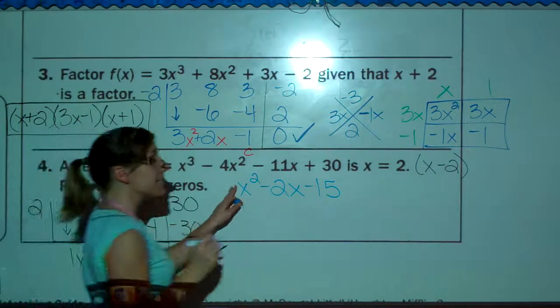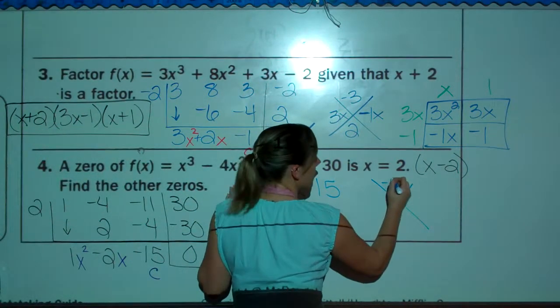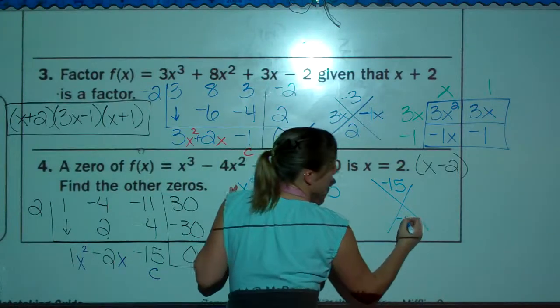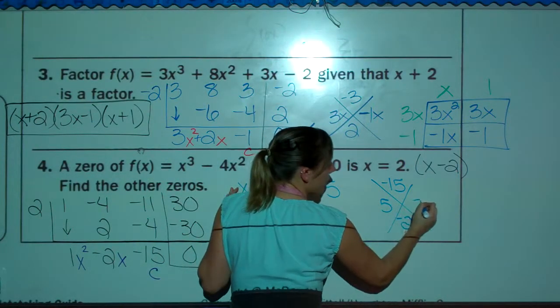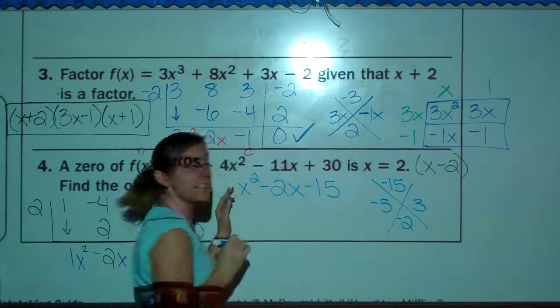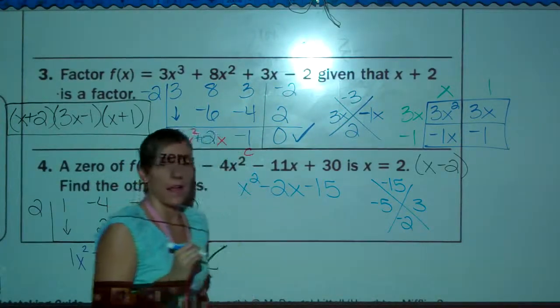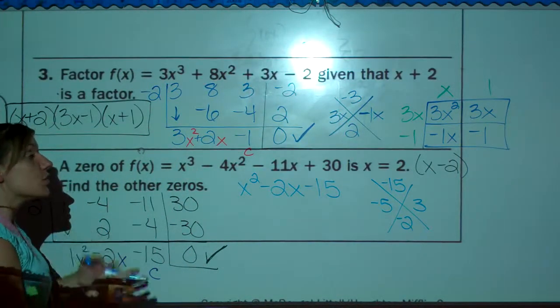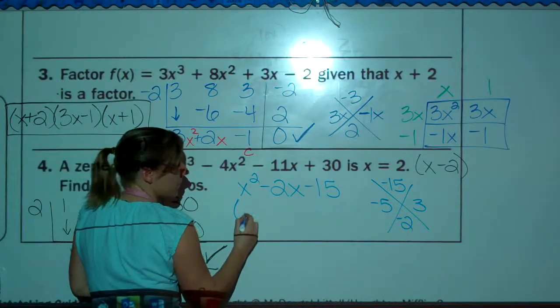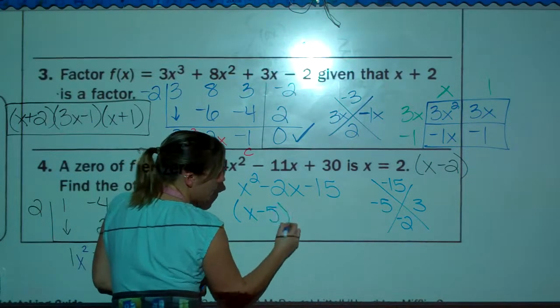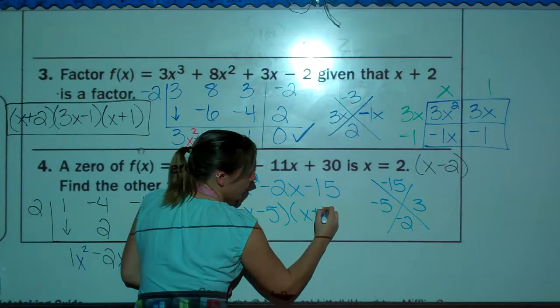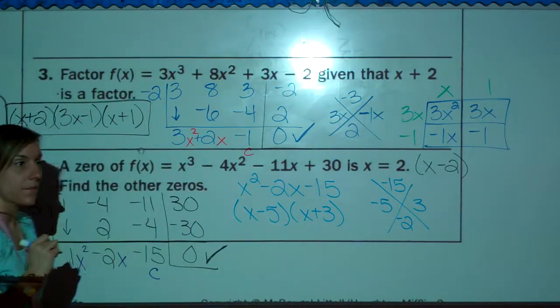All right, well this is nice, it's basic. So what multiplies to negative 15 and adds to negative 2? 5 and 3 are the factor pair, and the 5 is negative, because that pair is the one that adds to negative 2. So we have x minus 5 is a factor, x plus 3 is a factor. Okay?